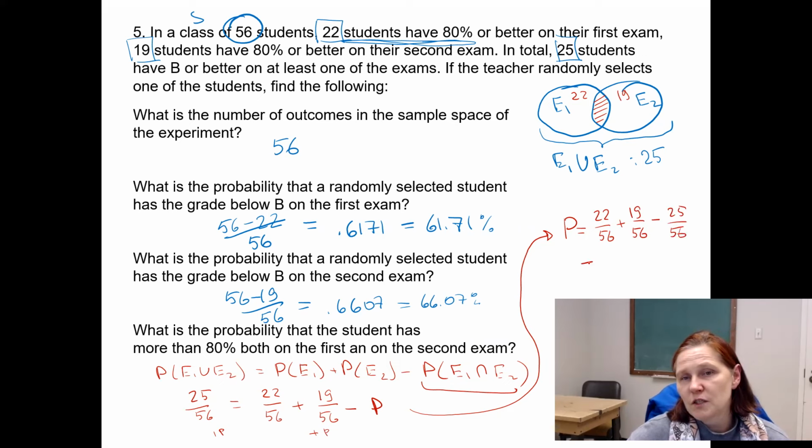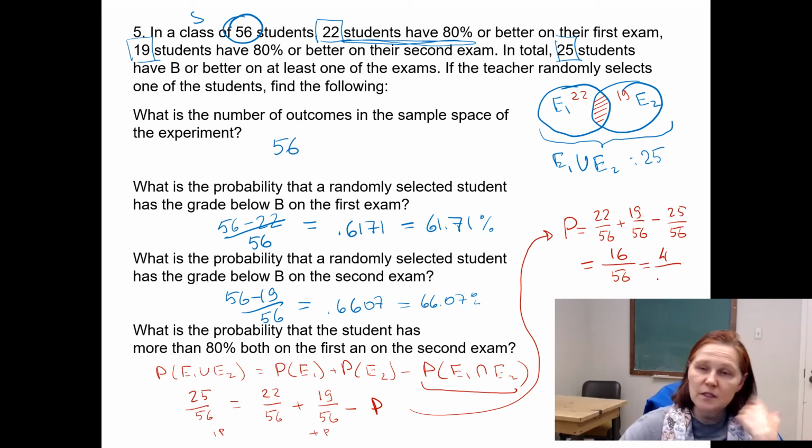All three fractions have the same denominator, so we can write them with the same denominator and find the sum. 22 minus 25 is -3, 19 minus 3 will be 16 over 56, or we can simplify it, dividing by 4, or we can take a calculator and find the decimal form.